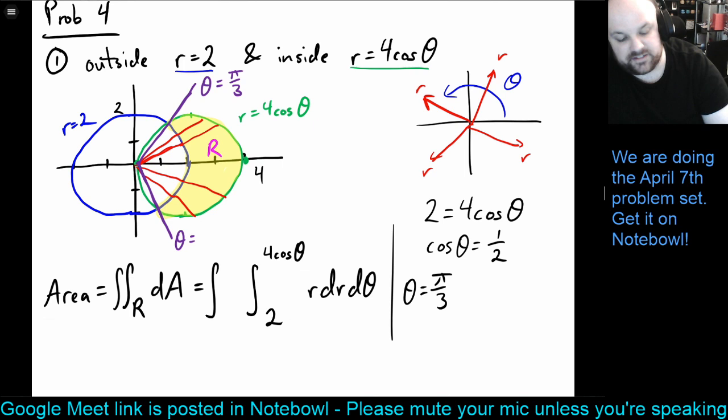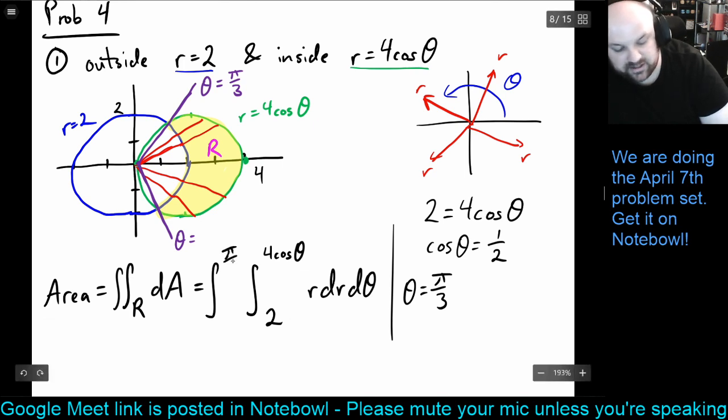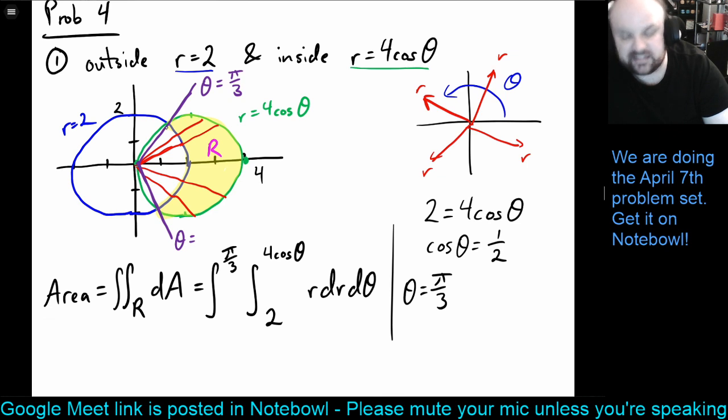So since we want to end at pi over 3 on top in this integral, that's sort of like going in the counterclockwise direction, that's the end of the shape, we need to come up with another angle that gives us the same spot right here, but is below pi over 3.